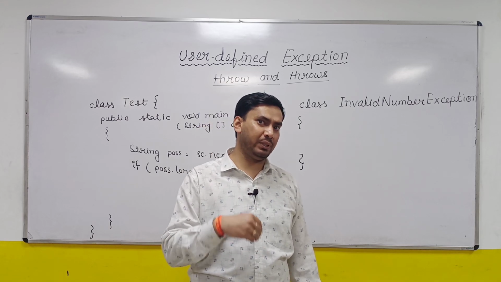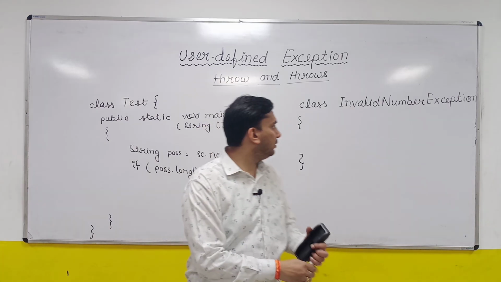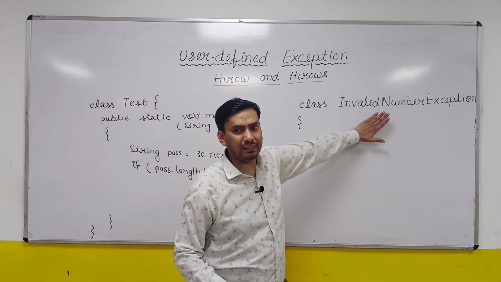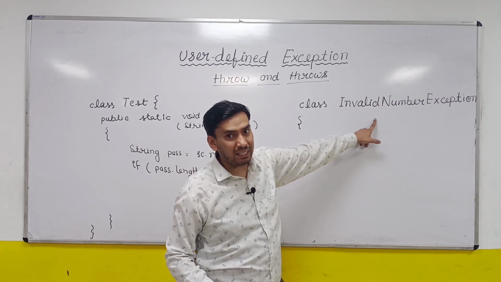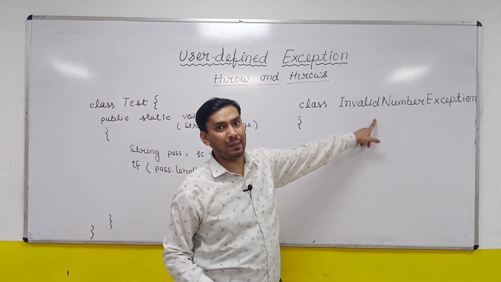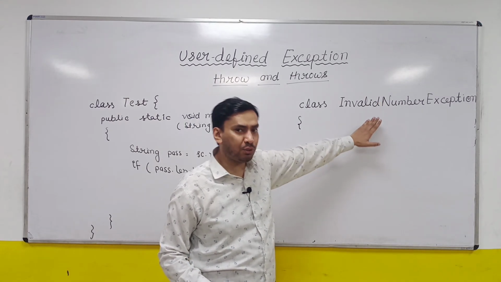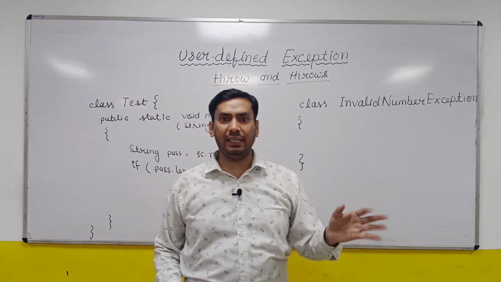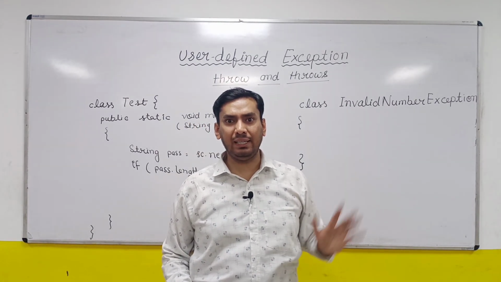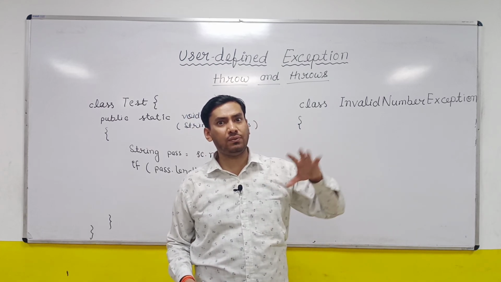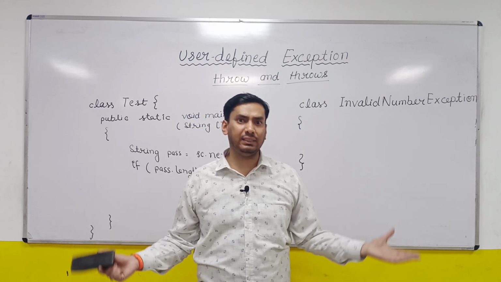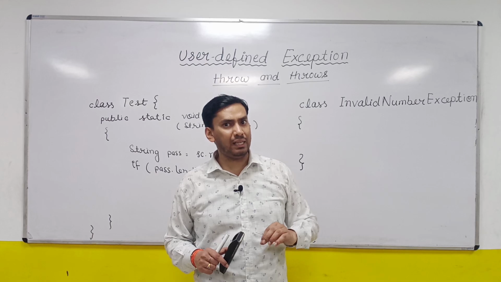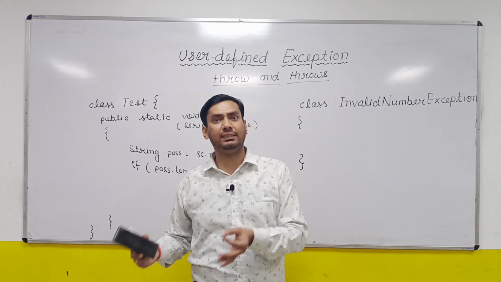So if you want to create an unchecked exception, this class must be inherited by the RuntimeException class. And if you inherit it from Throwable or Exception, then it will become a checked exception. Right? So any subclass of an unchecked exception is always unchecked, and any subclass of a checked exception is always checked.